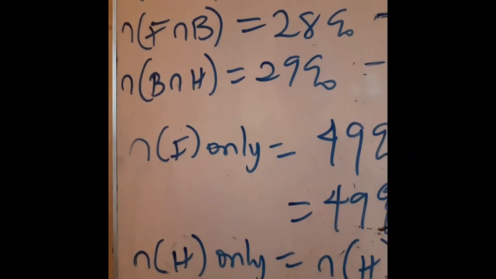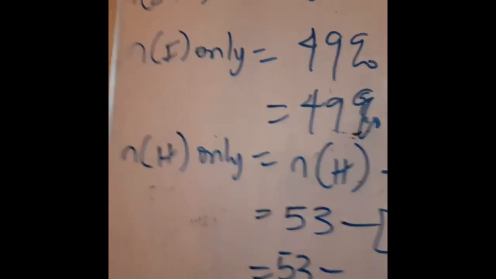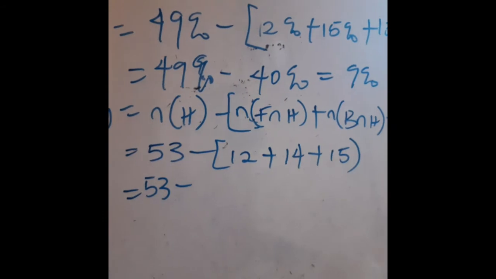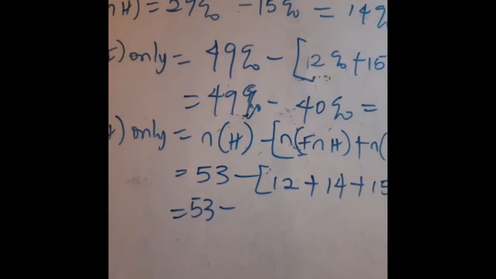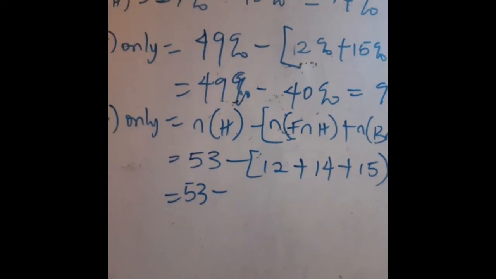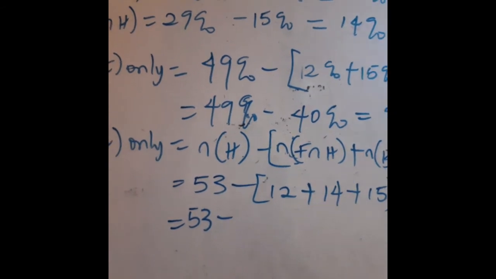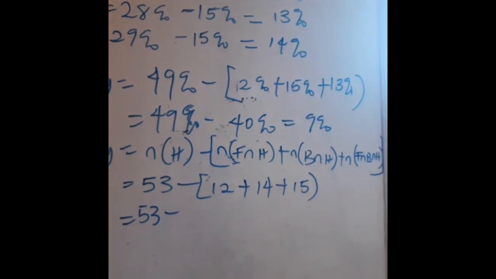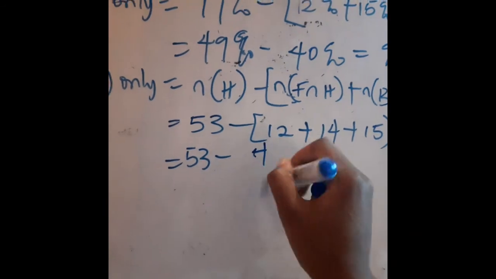So we say 53 minus the addition of this, which is 12 plus 14 plus 15, which gives us 41 here.